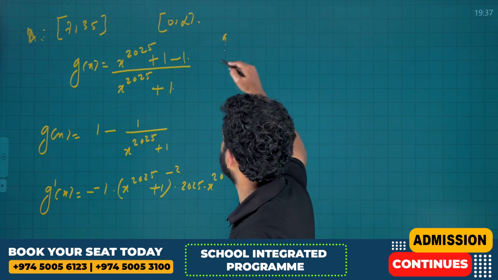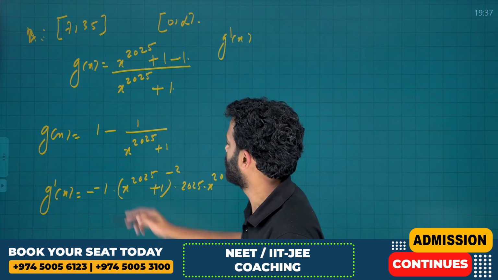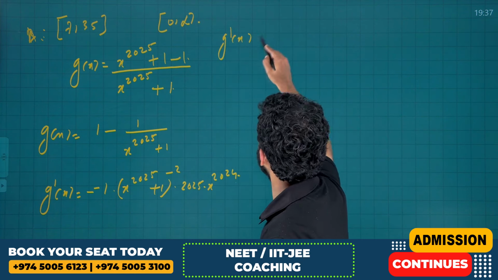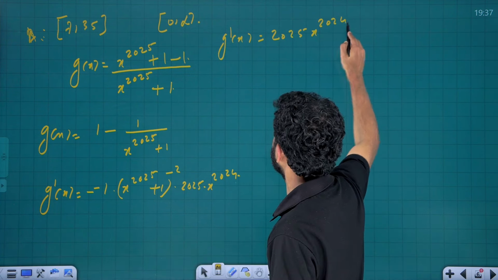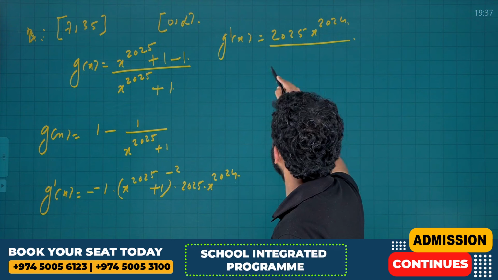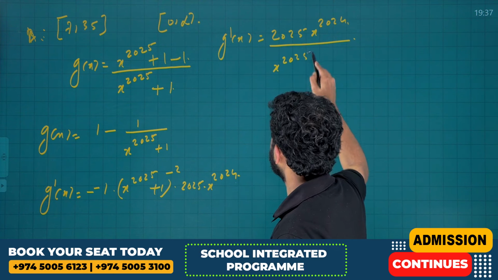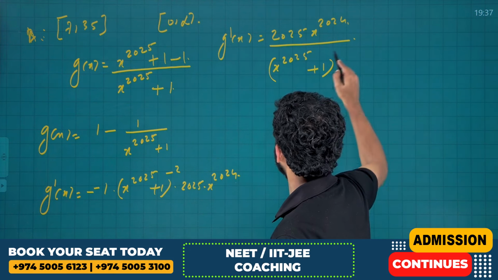So, g dash of x will be minus and minus becomes positive, that is 2025 x raised to 2024 divided by x raised to 2025 plus 1 the whole square.